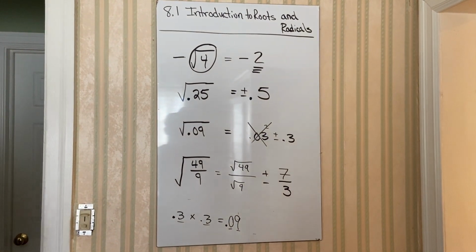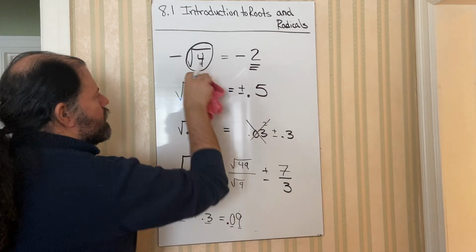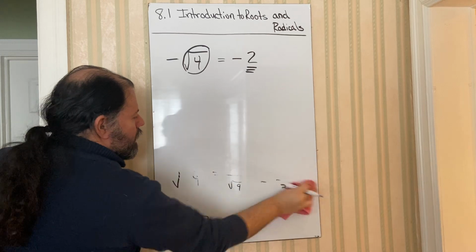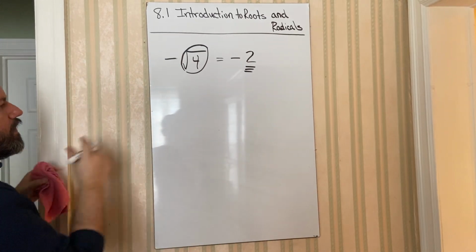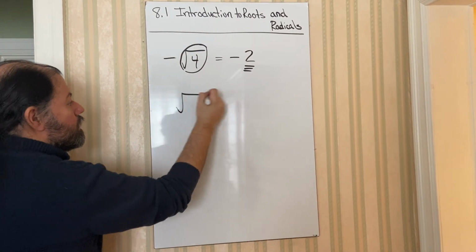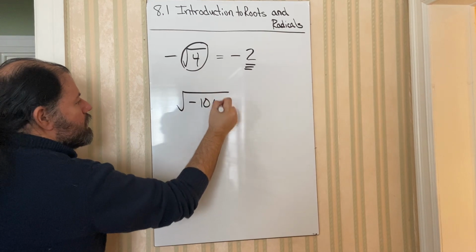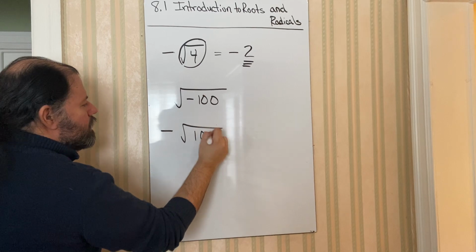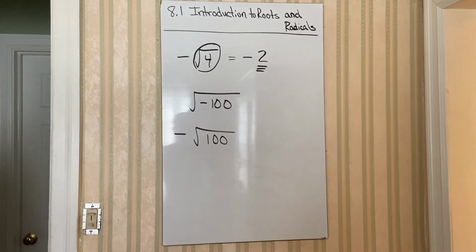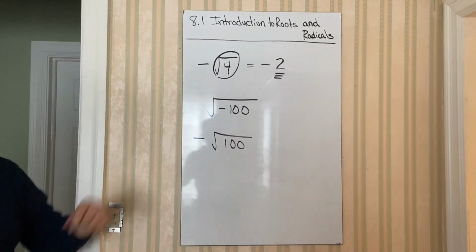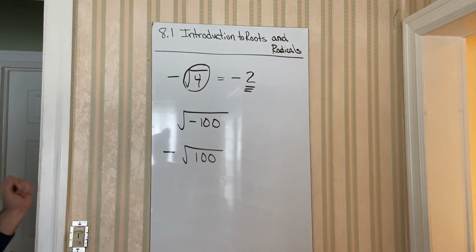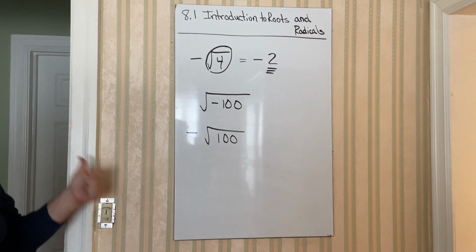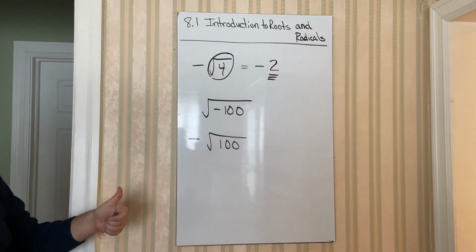The last thing I wanted to point out, just to re-emphasize, is that the square root of -100 is different from the square root of 100 with the negative on the outside. Here, we can't think of two numbers that are the same to give us -100. Remember, 10 times 10 is 100. -10 times -10 is also 100.